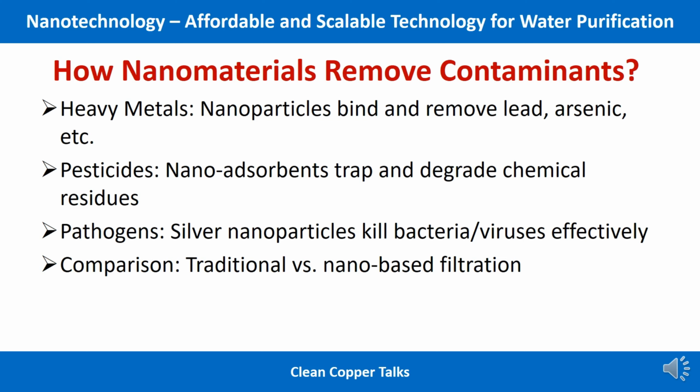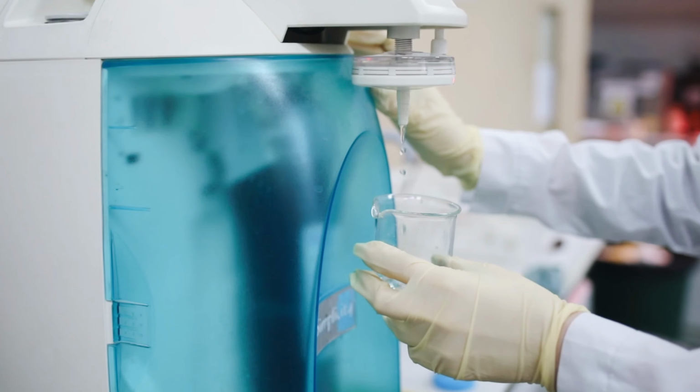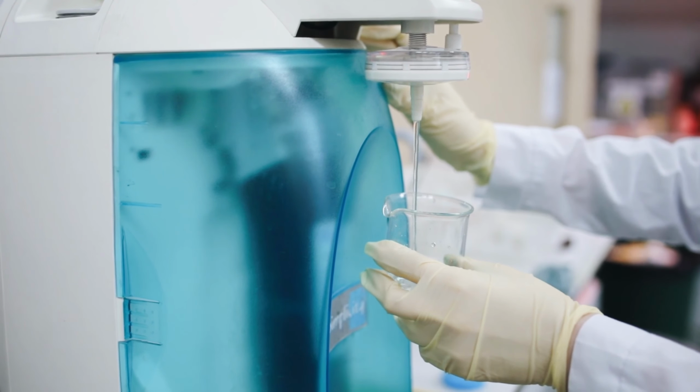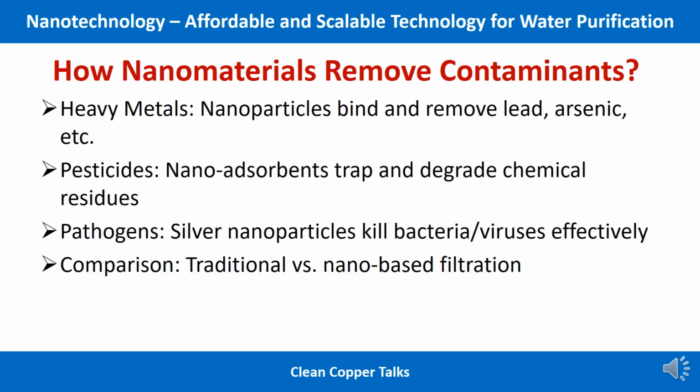Now, you will ask how nanofiltration is different from conventional or traditional filtration. So, I'll let you know some of the parameters on which traditional filtration can be compared to nanofiltration. The first is that traditional filtration is a physical or chemical process, such as sand filters, activated carbon, or sedimentation processes, while nanofiltration is a membrane based filtration.